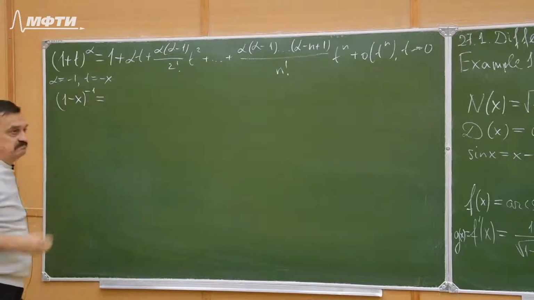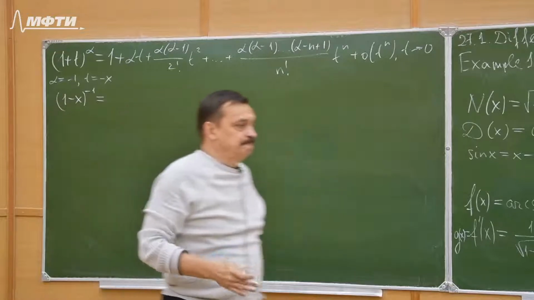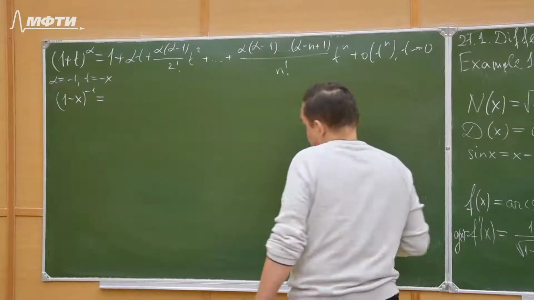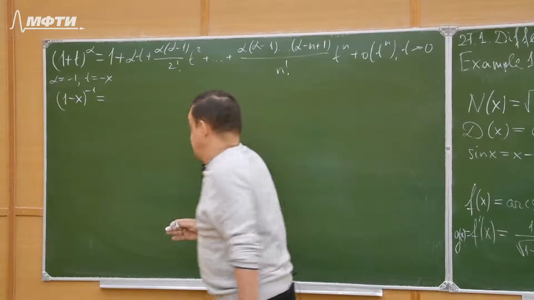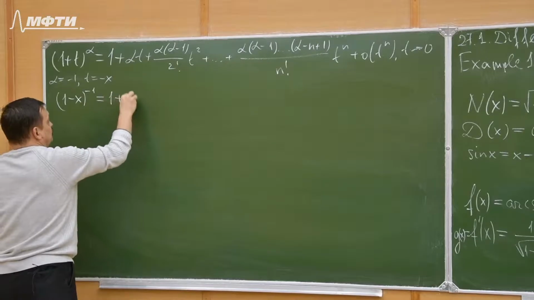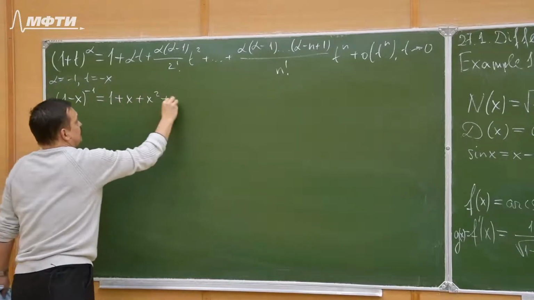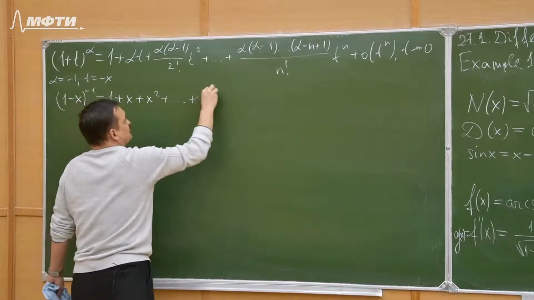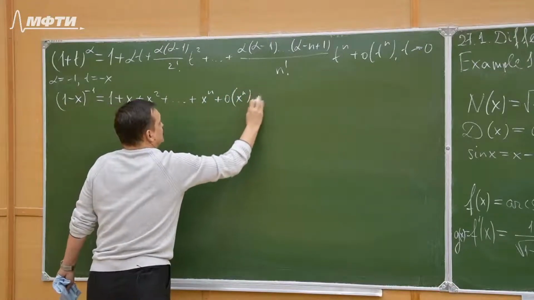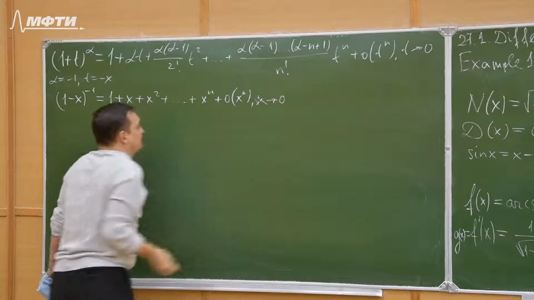Roughly speaking, you should cut the sum of the geometric progression: 1 plus x plus x squared plus so on plus x to the power n plus little o of x to the n as x tends to 0.